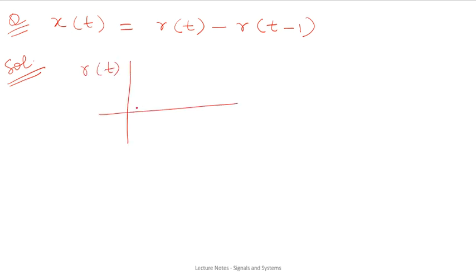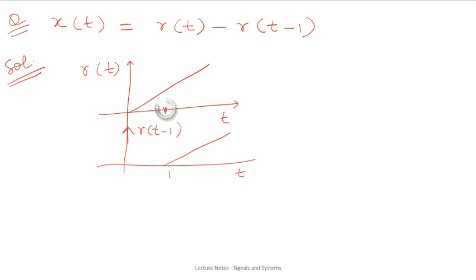So r(t) you already know is a straight line of slope 1. This is your r(t), and similarly r(t - 1) will just be a shifted version of the same signal. This is r(t - 1). So you have to subtract the signal which is below from the signal above.